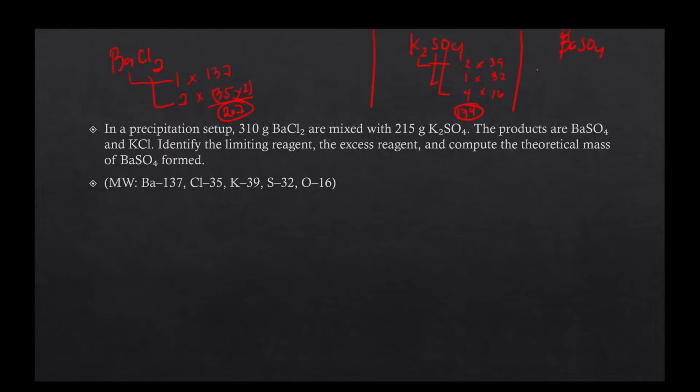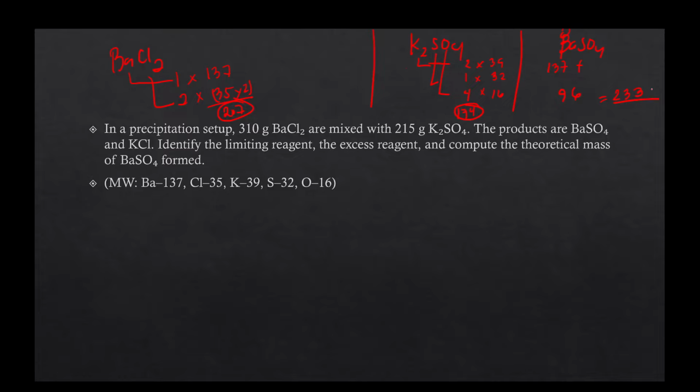Then barium sulfate is 137 plus sulfate is 32 plus 4 times 16, 96, plus 137, 233.